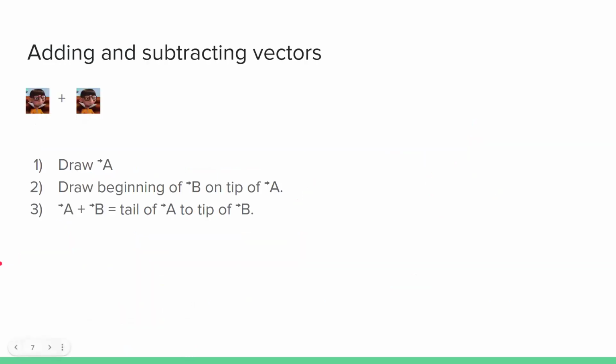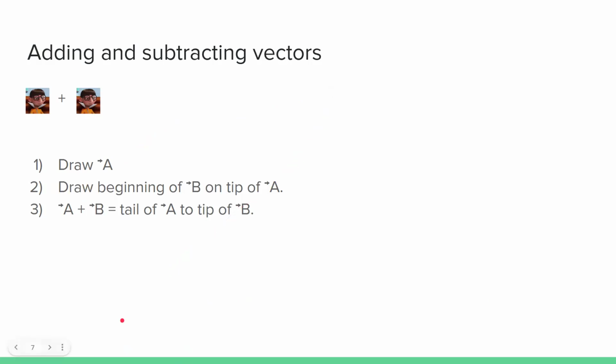So we can add and subtract vectors, and this will make more sense later on, because we're going to look at more examples in the next video, but we're just going to briefly talk about how you would add and subtract vectors.